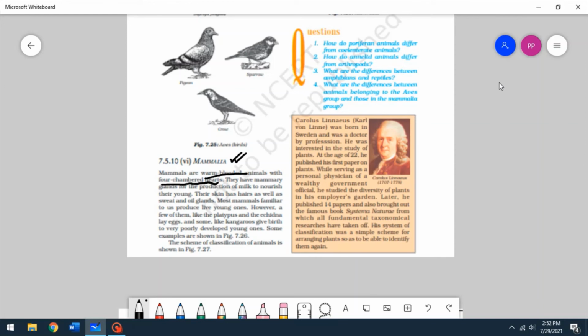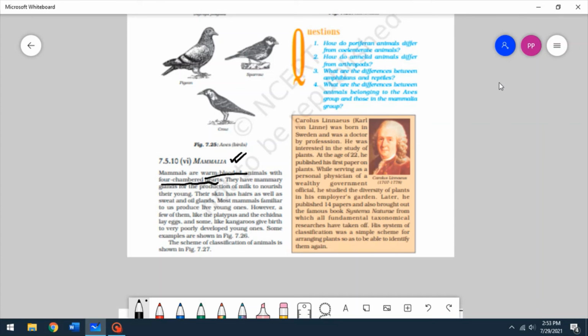Most mammals, familiar to us, produce live young ones. Most mammals don't lay eggs in which the young organism is forming. Most mammals give birth to live young ones, and a few of them, like the platypus and echidna, lay eggs.